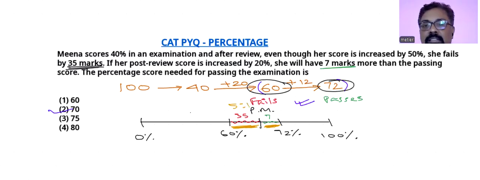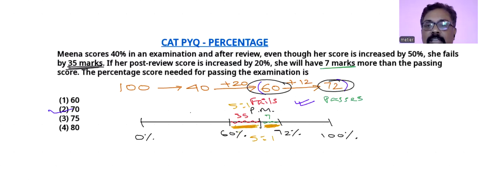So as marks and percentages go side by side, in the percentage part also this ratio will be 5:1.